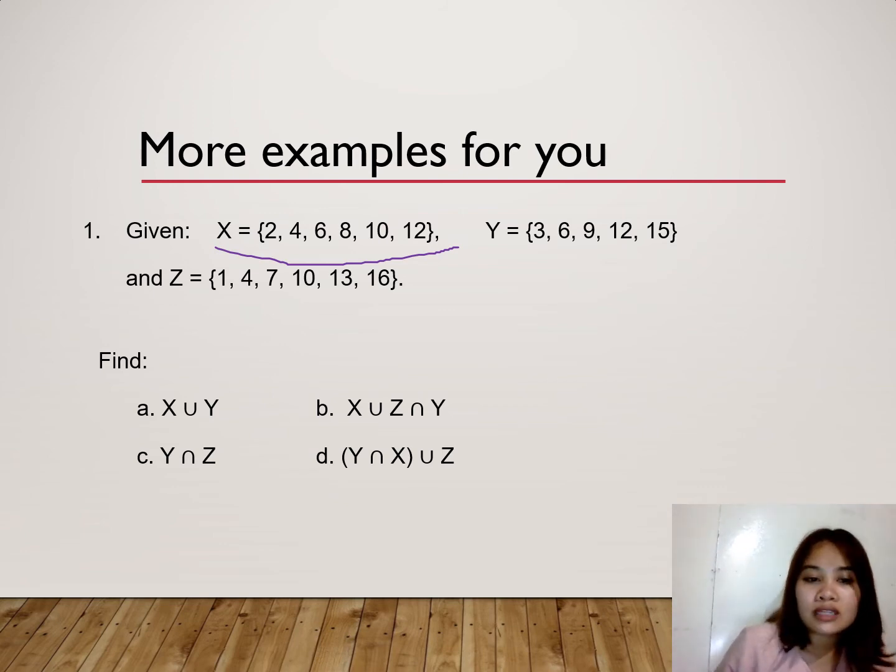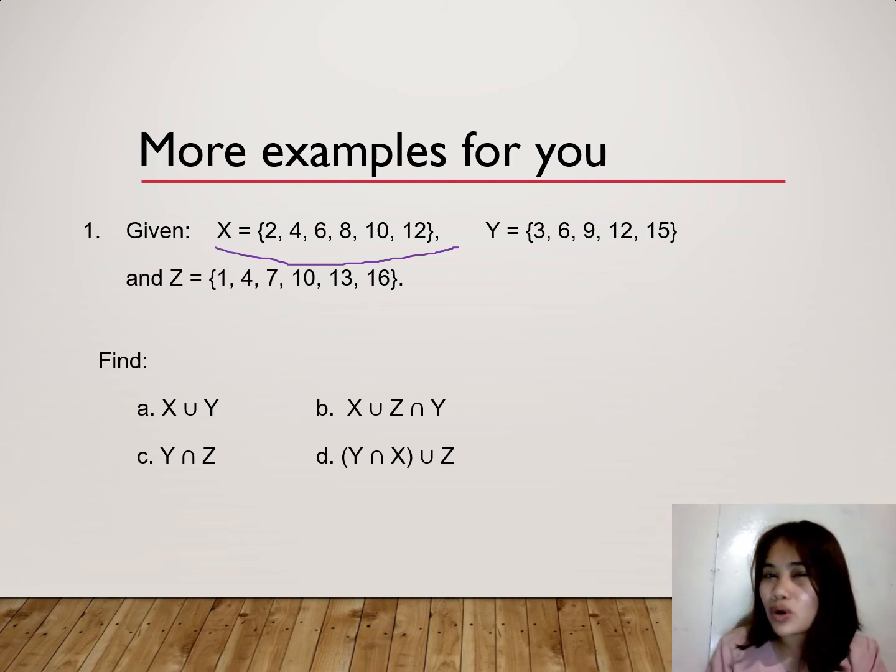A, X union Y, and B, X union Z intersection Y. C, Y intersection Z, and then we have our D, Y intersection X union Z.